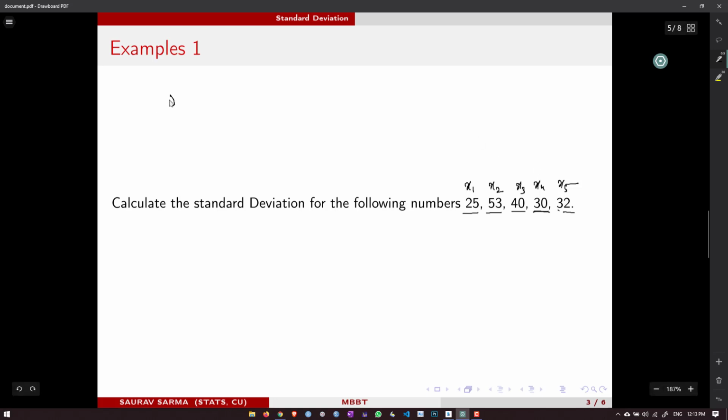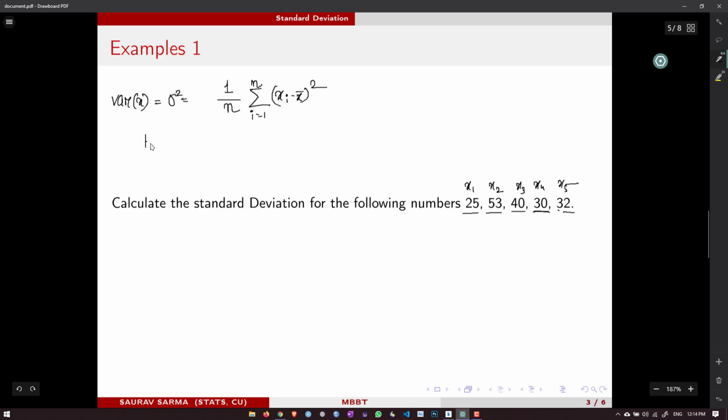So the formula for variance is sigma square, or variance of x, the same thing. Variance of x is also denoted by sigma square, and in case of ungrouped data it is 1 by n summation i goes from 1 to n of (xi minus x bar) whole square. Now what is n? n is the number of observations.